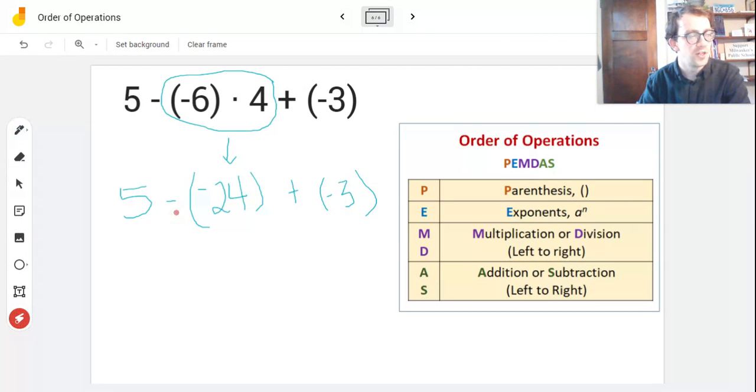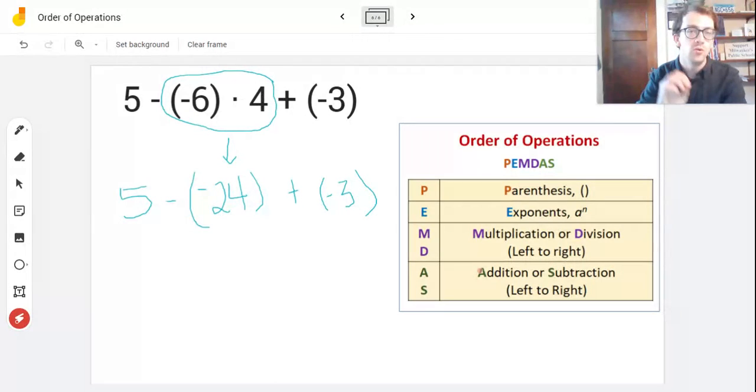Thinking about the operations that I see now, I see subtraction still, and I see addition still. Okay, so what comes first? Well, in PEMDAS, A comes before S. So should I add before I subtract? Should I do negative 24 plus negative 3, or should I do 5 minus negative 24? What's important is that adding and subtracting are actually the same step.